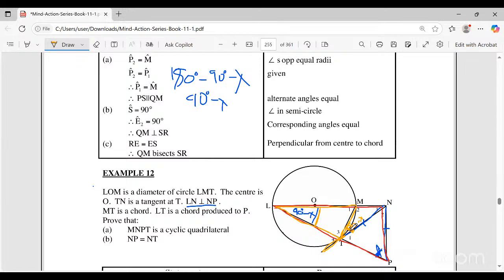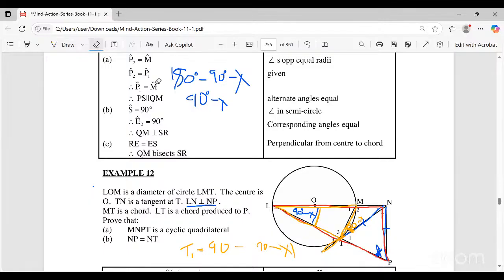If that angle is 90 minus x, now we want this angle here. We know that the whole angle here is 90 degrees. We can say T1 is the whole 90 degrees minus this existing 90 minus x. When I distribute those brackets, it gives me minus 90 plus x.